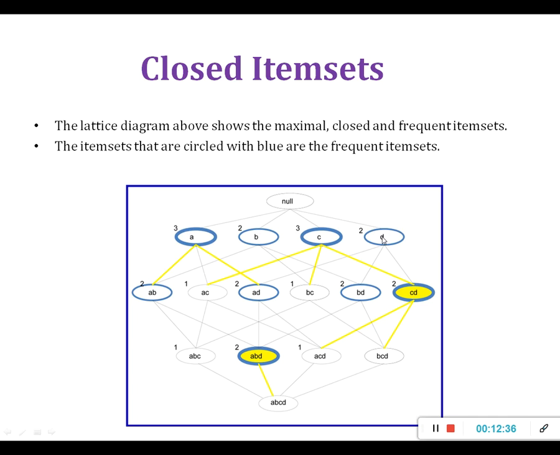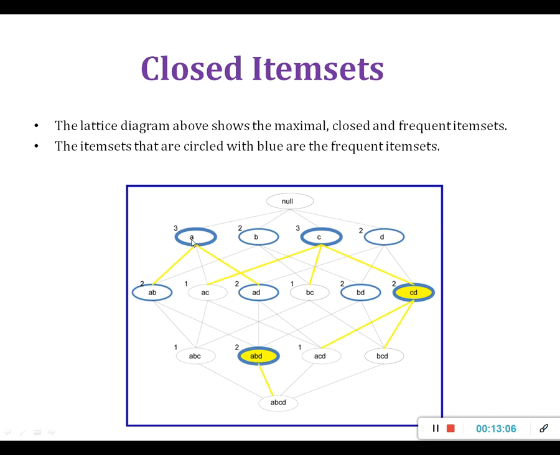In my transaction dataset, A occurs thrice, B occurs twice, C occurs thrice, and D occurs twice. These are the counts I have written here. Now whenever I want to find the superset of A, A should belong to some set. A belongs to AB. A is a subset and AB is a superset.